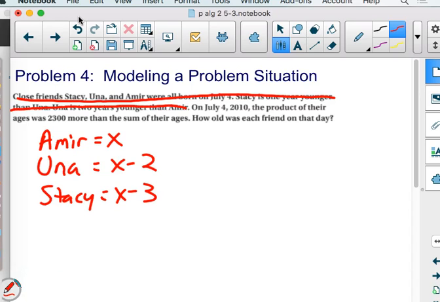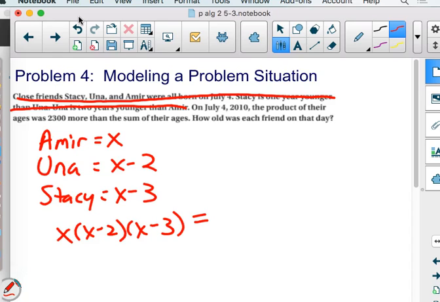On July 4th, 2010, the product of their ages. What's product? Multiplying. So we take x times x minus 2 times x minus 3. It said the product was, and "was" in math always means stop and set things equal to each other.